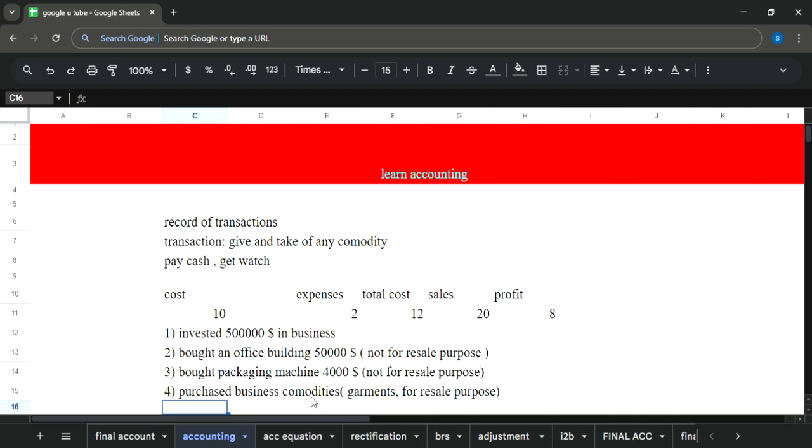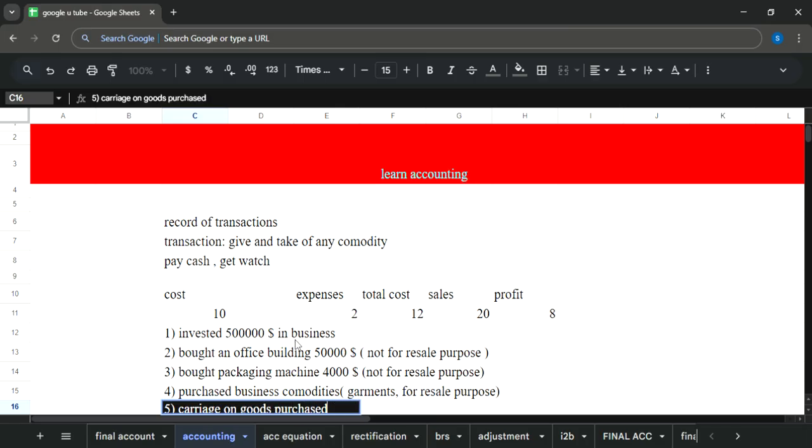So up till now, we are creating a business transaction network where the next step is to make some expenses. Let's say you have paid carriage on goods purchased.